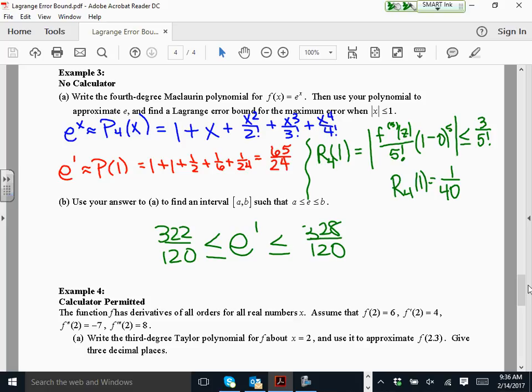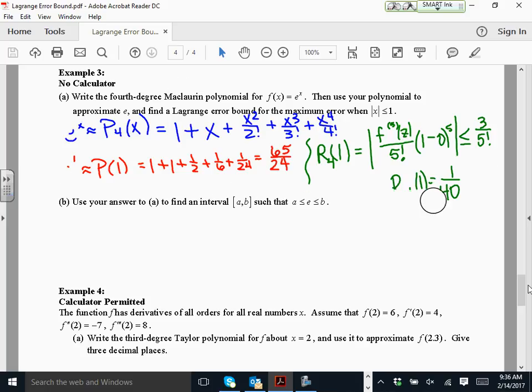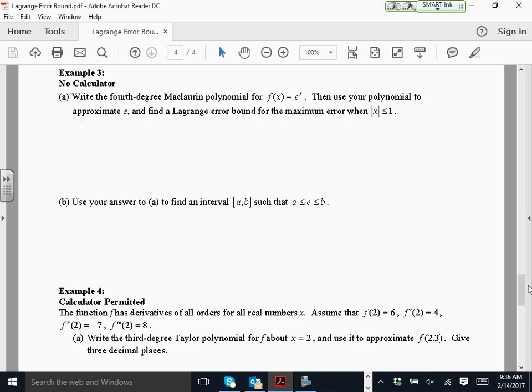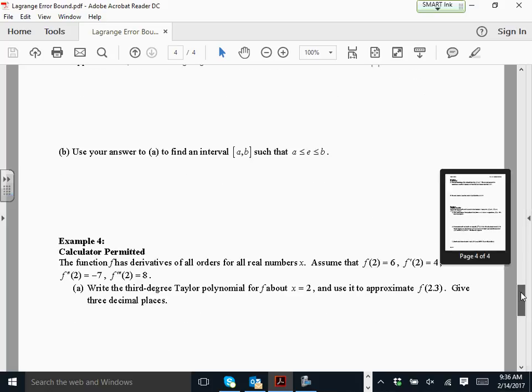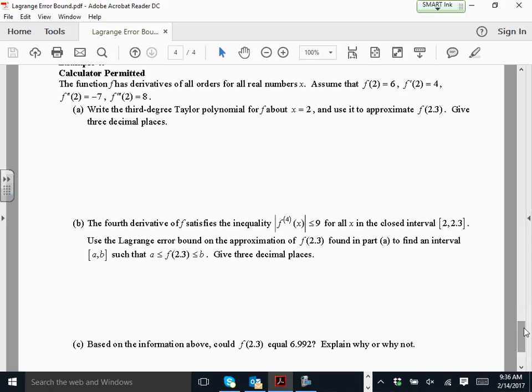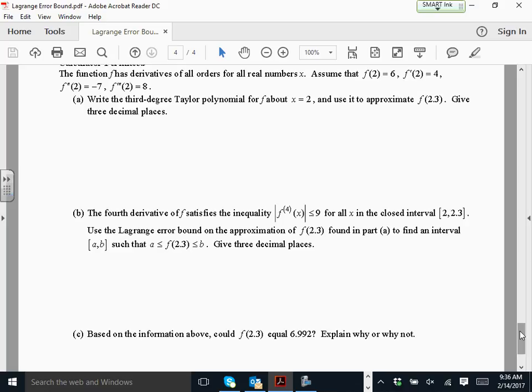All right. Questions on example 3? Feeling good? All right. A function has derivatives of all orders, and it gives you all of the derivatives.